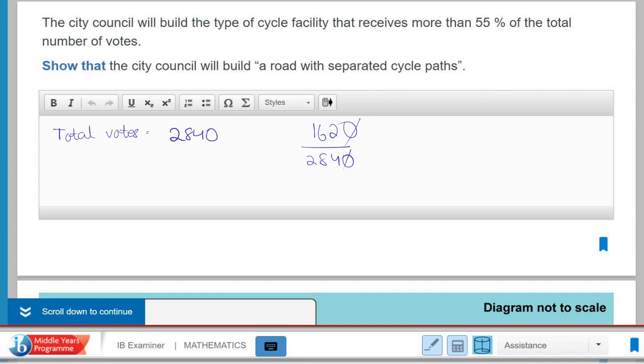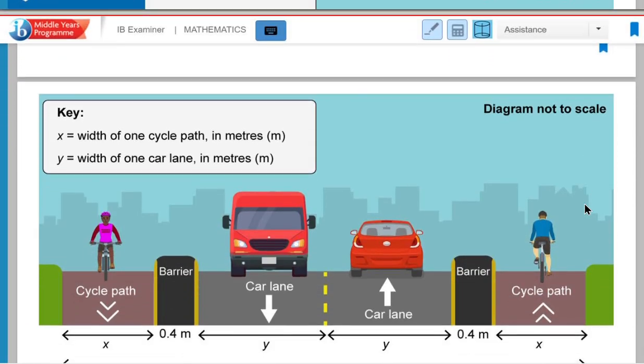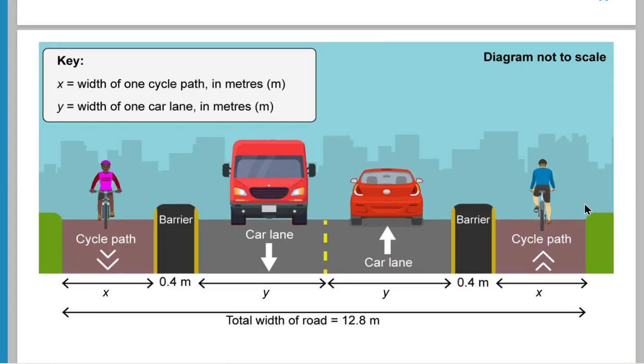I think it will be. 1620 divided by 2840. Yep, 0.57. And if we multiply it by 100, we will get somewhere around 57%. So yeah, the answer is correct. Okay, fascinating.